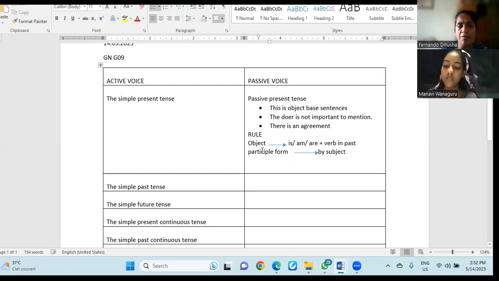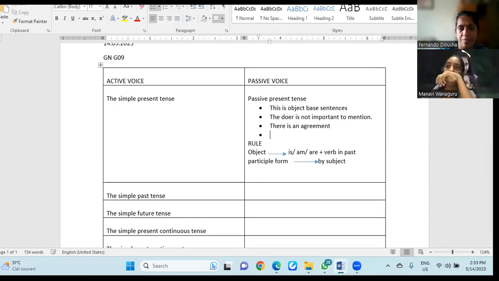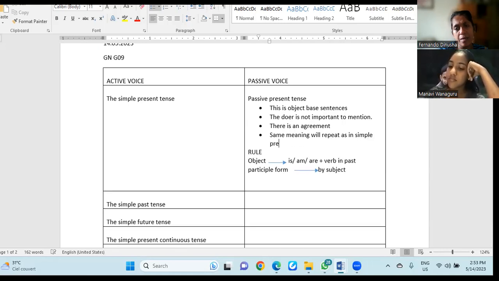Now this is the rule you have to follow. First object, then is/am/are, verb in past participle form, and by subject. Right? Whenever you are writing the sentences, this is how. The same meaning will repeat as in simple present tense.